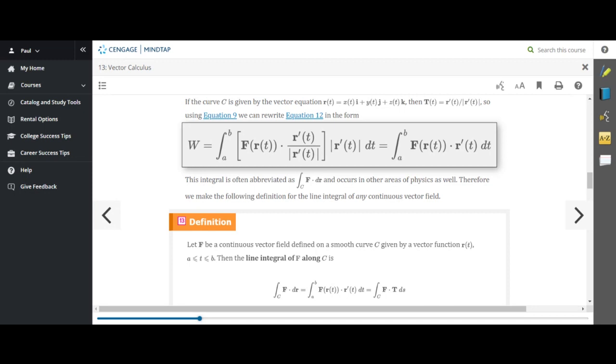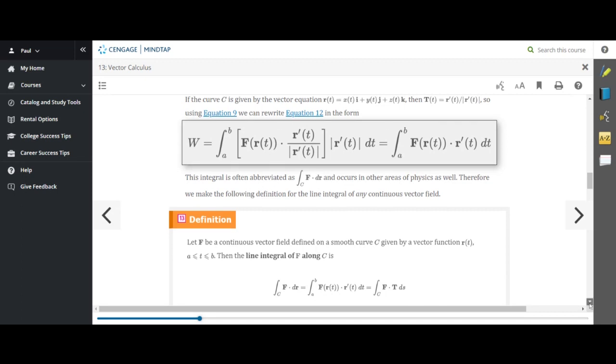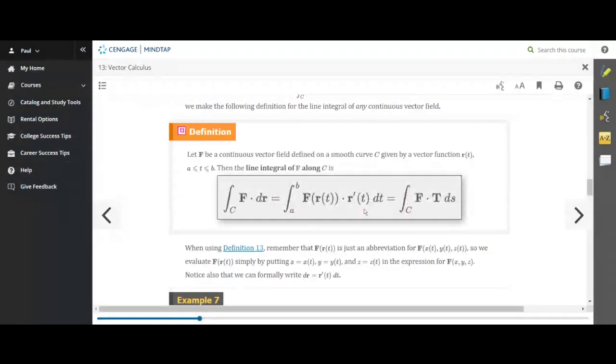Okay, and we call that the line integral of the vector field F along curve C. And if we go down here, there again is the formal definition.